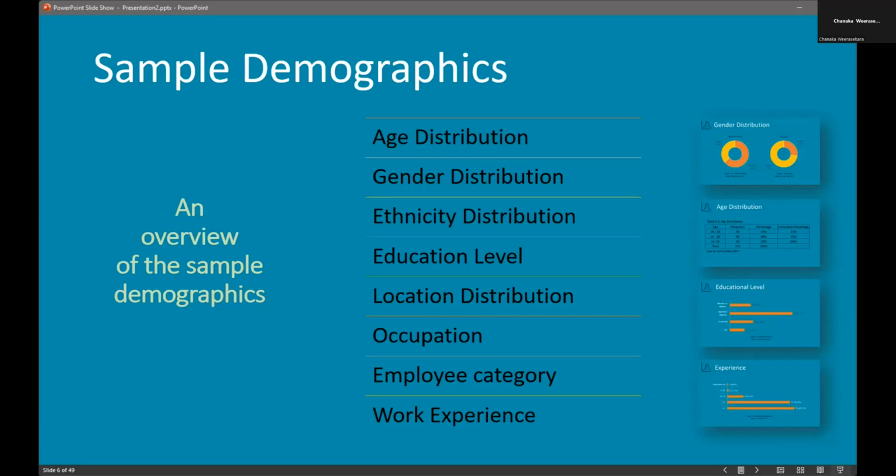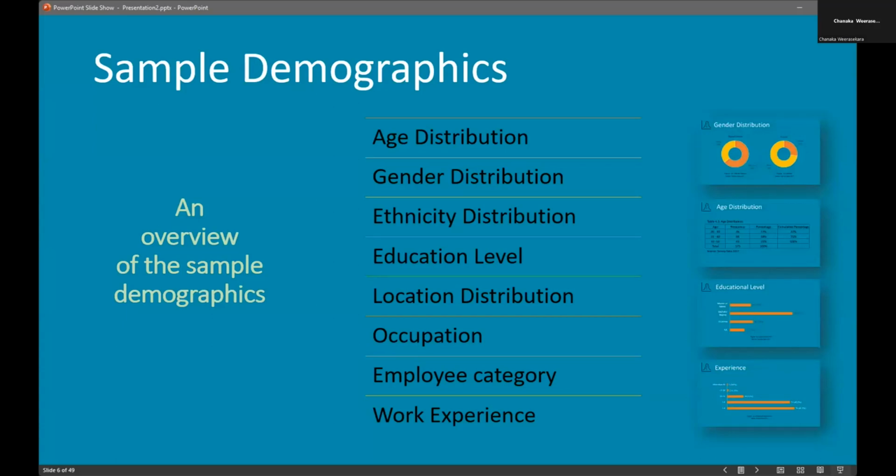Another important thing about the sample demographics is that it helps us to contextualize our findings. In which context should we explain our findings, and what sort of characteristics are we dealing with in our population and in our sample, right?